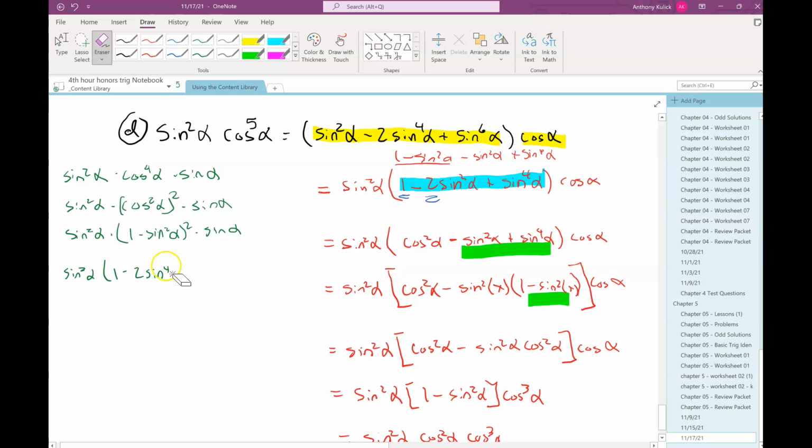Oops. Oh my goodness. Cosine. Cosine, Mr. Kulik. Cosine here at the end. Goodness gracious. And then I just distribute the sines through, and I'm done.